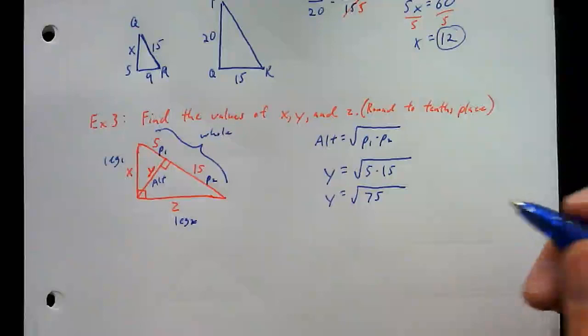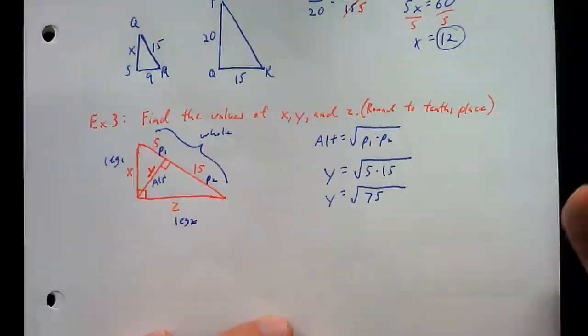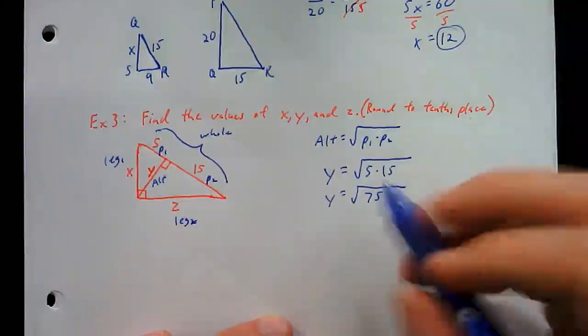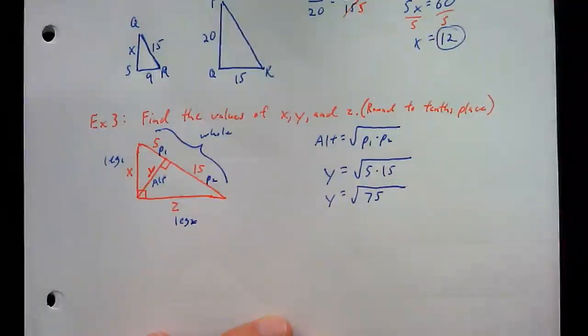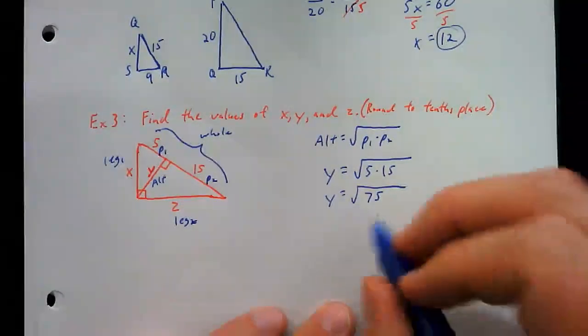Now, this is not going to come out to a whole number. So, I said round to nearest tenths place because we haven't talked about simplifying radicals yet in this class. Now, you have simplified radicals in algebra. And actually, I did mention it once a little earlier on. We're going to be doing a lot more with simplifying radicals. So, I'm going to show first how to do this as just a decimal.